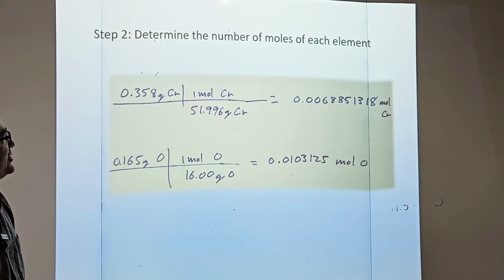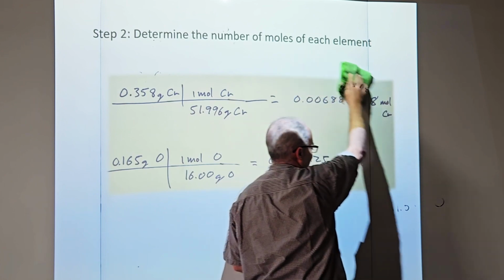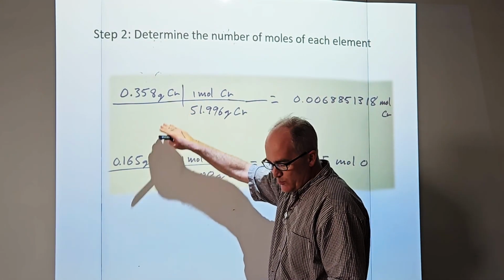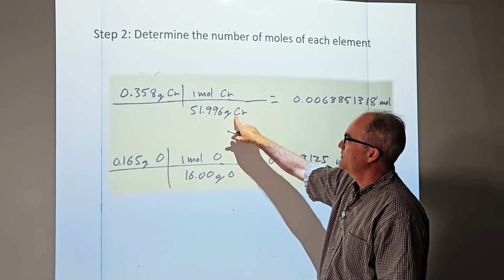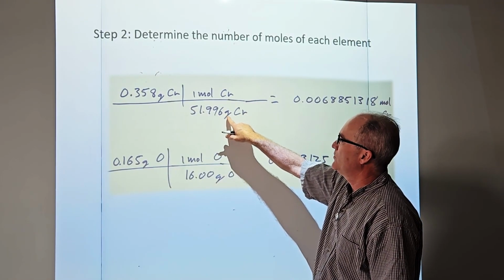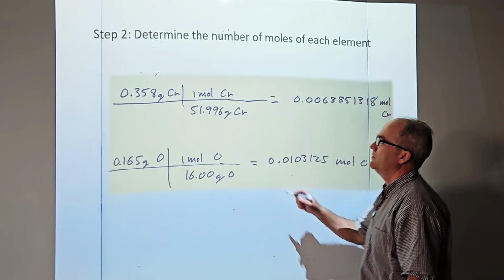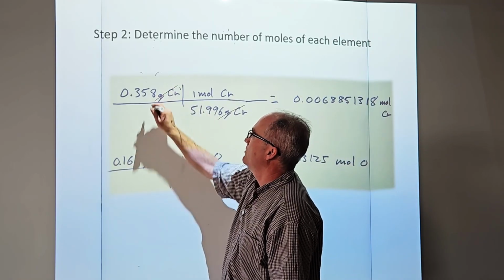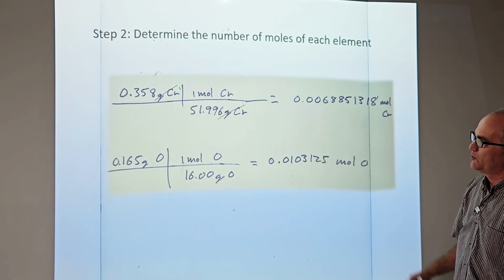Next step, determine the number of moles of each element. So now we have our 2 masses. How do we get to moles? We look up chromium on the periodic table and say if I put the unit of gram per mole, I know this unit factor, and I can get grams to go away, and now I found moles of chromium.